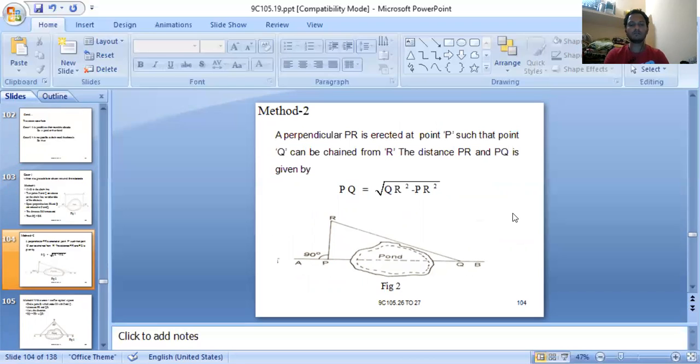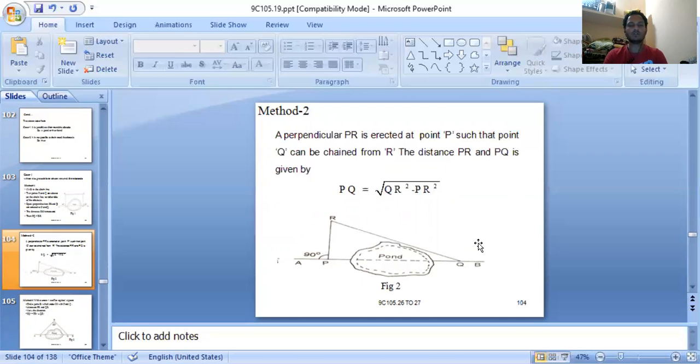A perpendicular PR is erected at a point P such that Q can be chained from R. The distances PR and RQ give PQ: PQ square is equal to PR square plus RQ square, which is given by Pythagoras theorem.